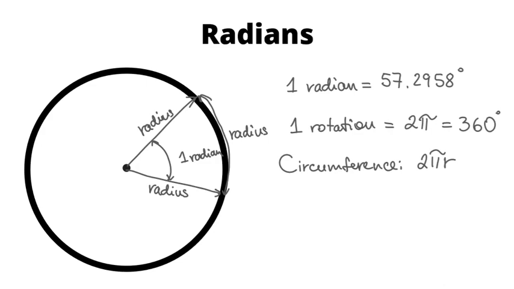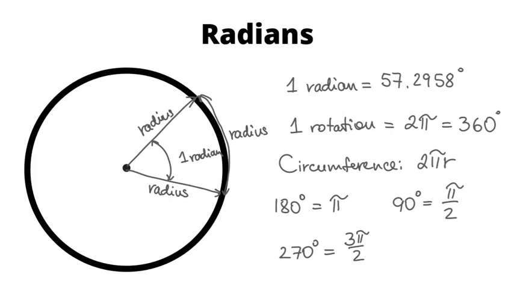So then, half of a rotation, or 180 degrees, is equal to just pi, and 90 degrees is equal to pi over 2. 270 degrees is equal to 3 pi over 2.